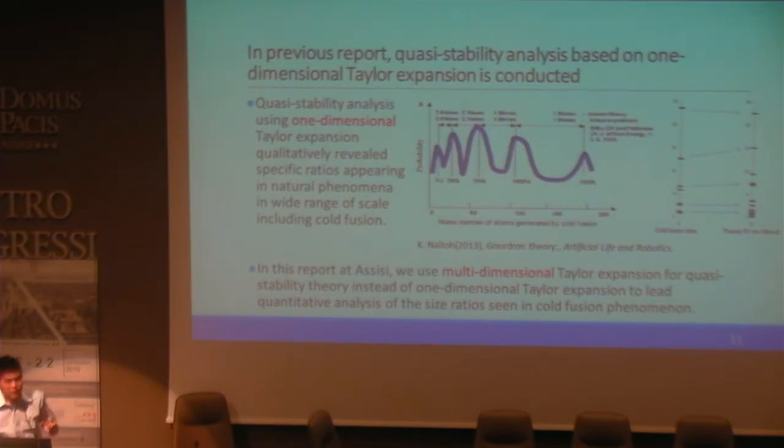In this report at ASSISI, we use multidimensional Taylor expansion for quasi-stability theory instead of one-dimensional Taylor expansion to lead quantitative analysis of the size ratios seen in cold fusion phenomenon.